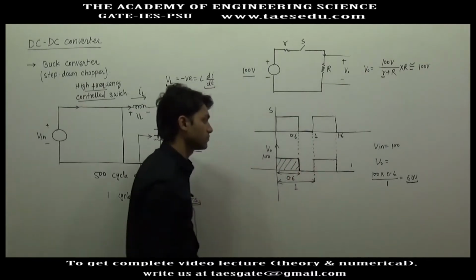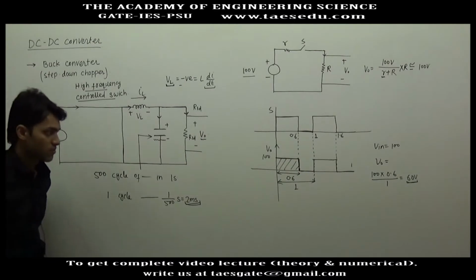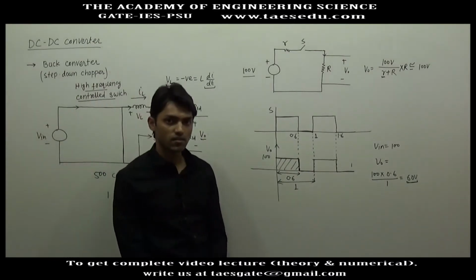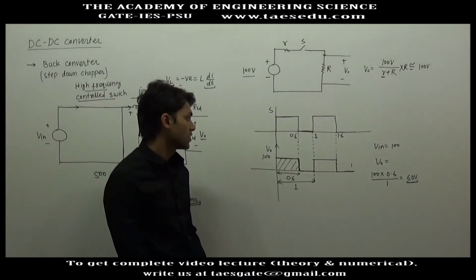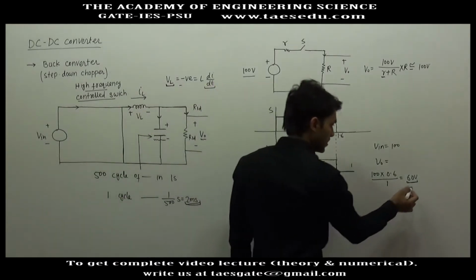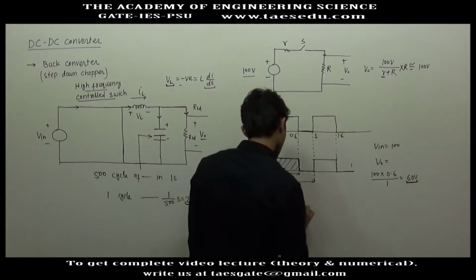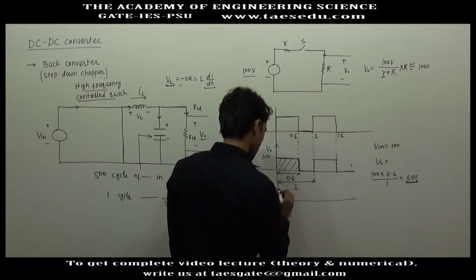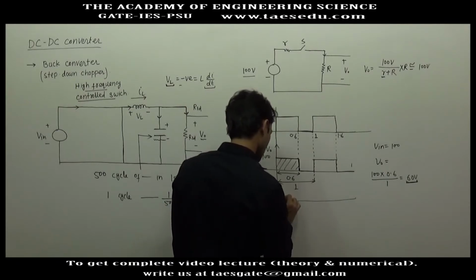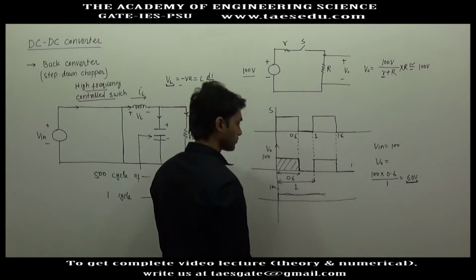Practically what we need is an approximately constant output voltage. Practically in each converter, whether it is an AC or DC converter, we need a constant output voltage. If it is giving an average of 60 volt, we expect that it is 100, we need this type of voltage, approximately constant voltage.